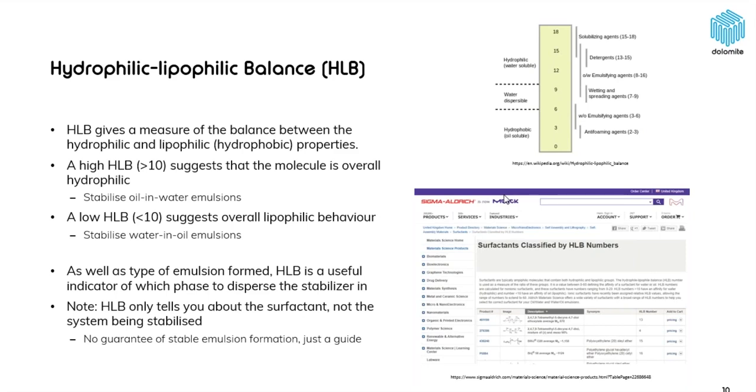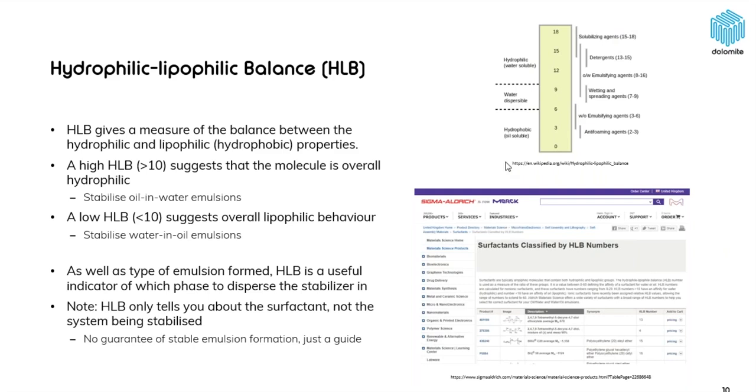You can see there's a little diagram at the top right there, which gives you a scale from 0 to 18, along with some of the common characteristics of stabilizers with that hydrophilic-lipophilic balance. So at the top, you have solubilizing agents and detergents that are very hydrophilic. And at the bottom, things like anti-foaming agents are quite hydrophobic and therefore tend not to stabilize gas bubbles in water.